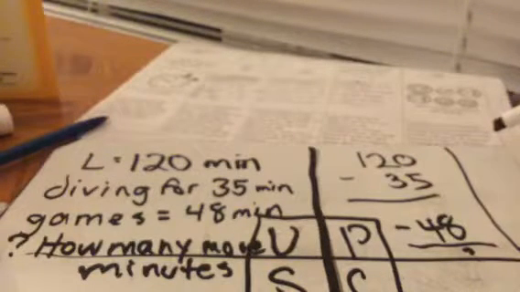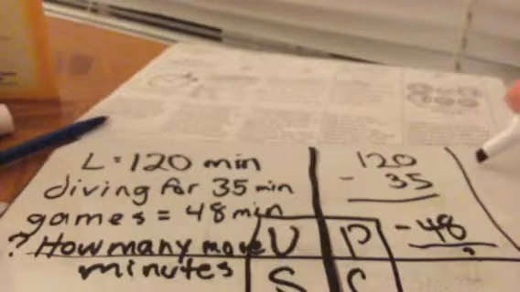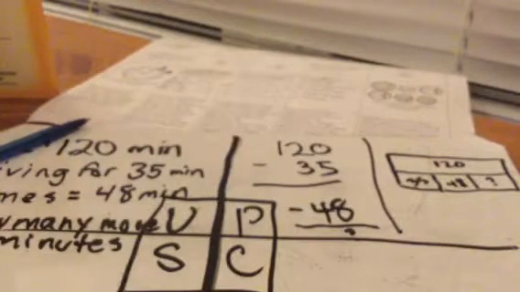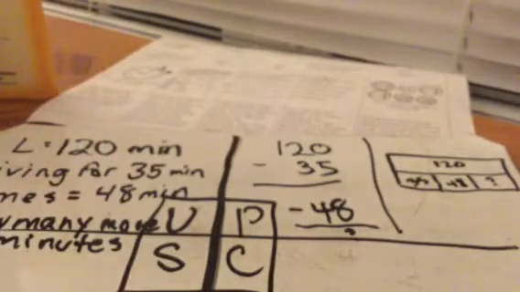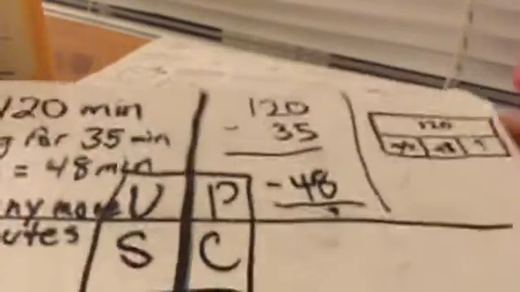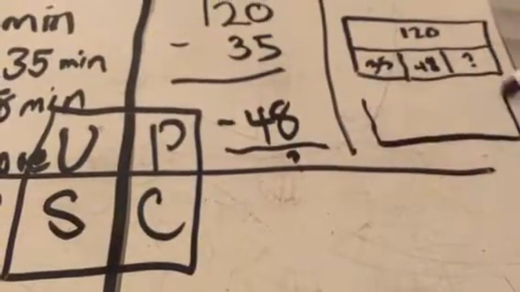The other way I could do it is I could figure out how much time Lucy has already spent. So if she's going for 120 minutes, that's her total. She has spent 35 on the diving board. She's spent 48 on the games, and we want to know what's left over. So we could also be adding these together to figure out what that one chunk is.